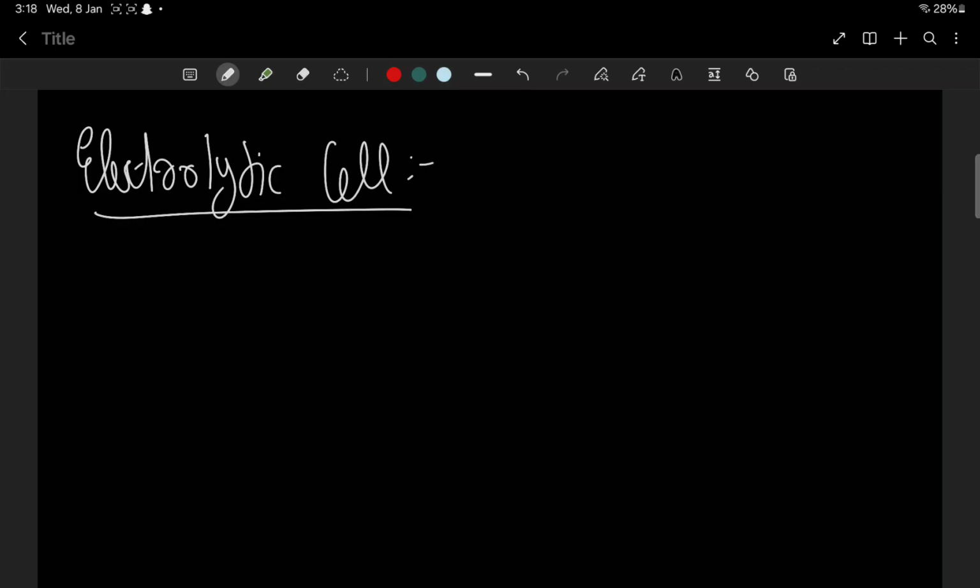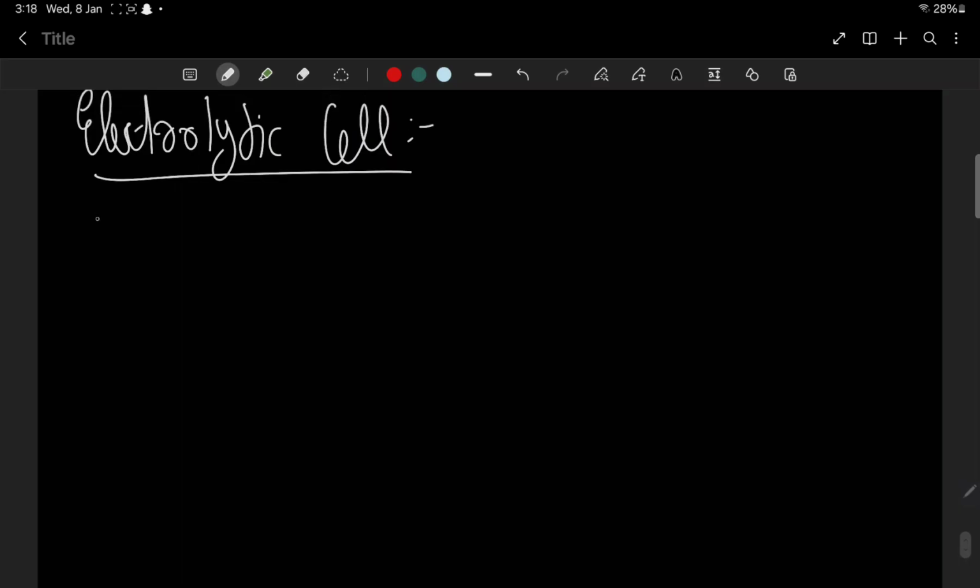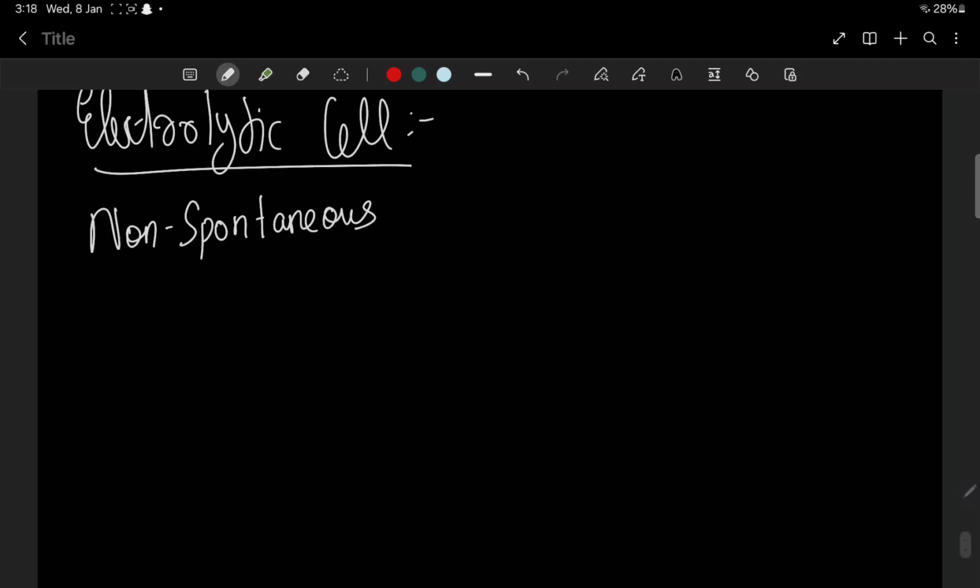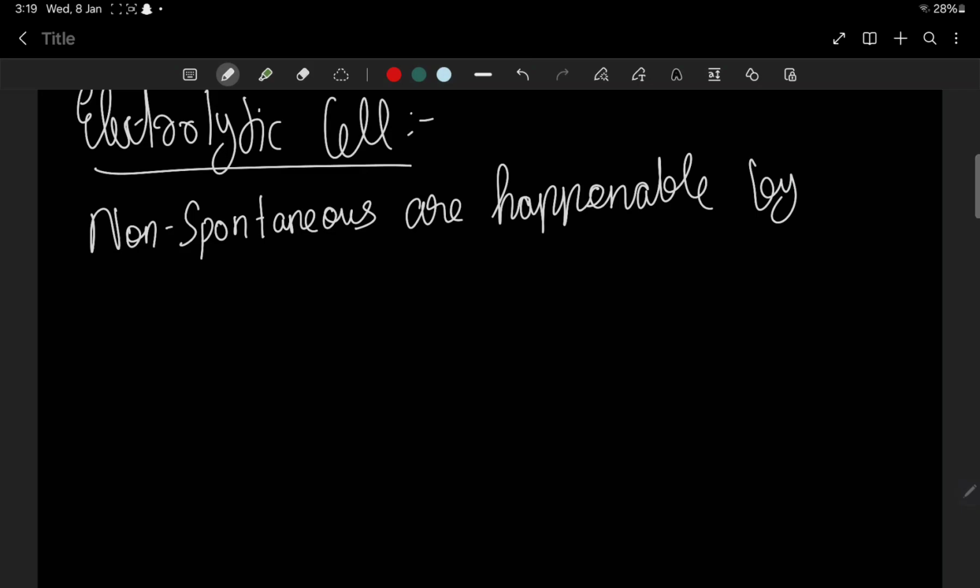So an electrolytic cell is a special type of cell where non-spontaneous reactions are made to happen by electricity.